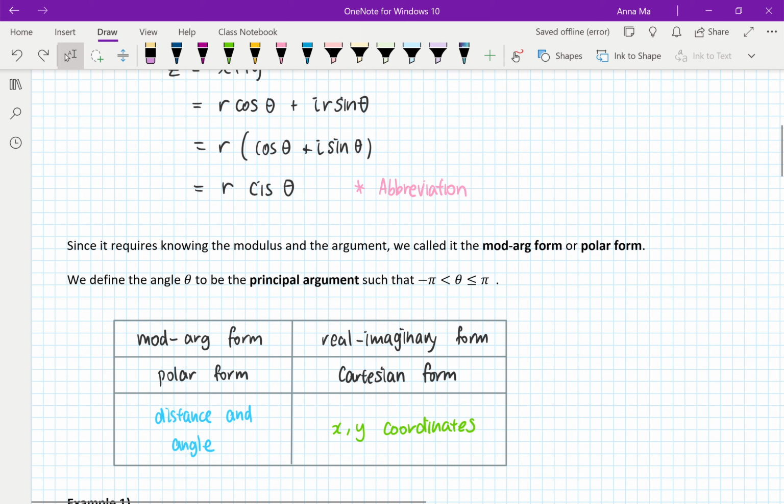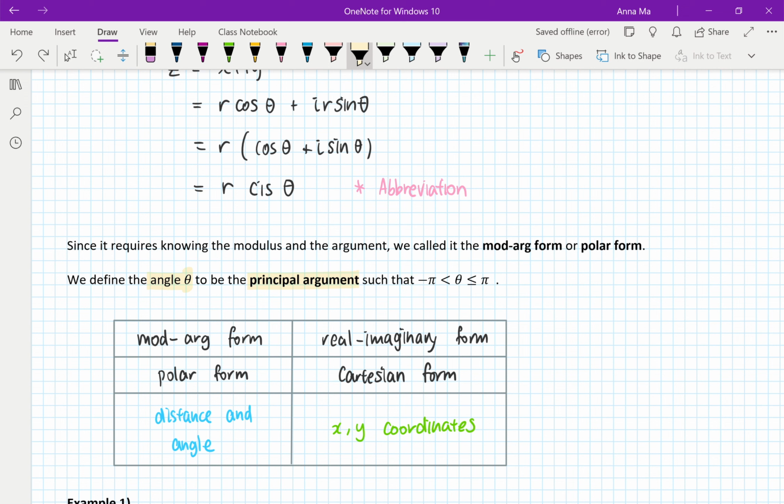Now we are going to define the angle that it travels to be the principal argument, so that the angle goes between negative pi and pi. So the actual size of the angle won't exceed 180 degrees.